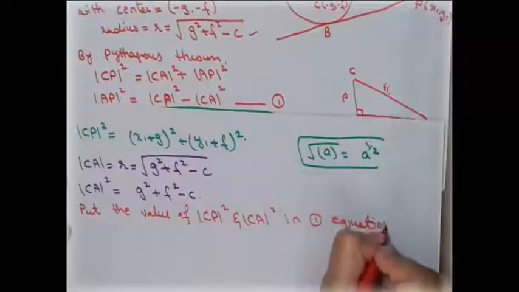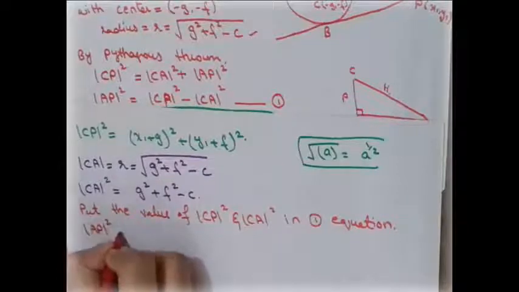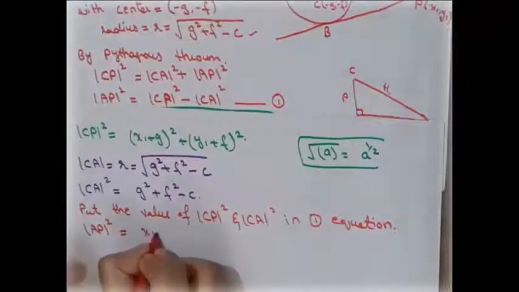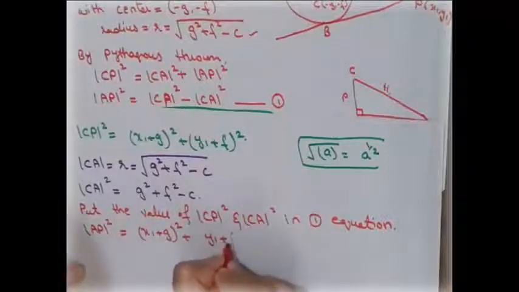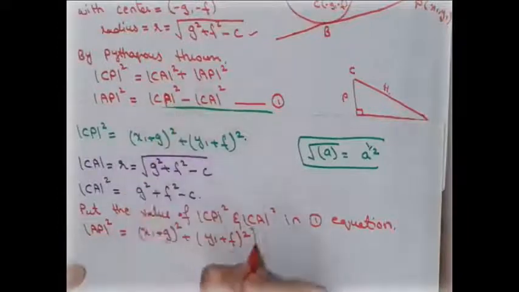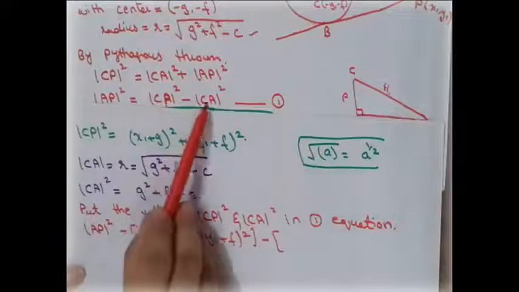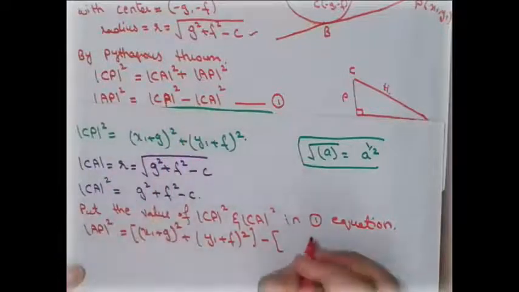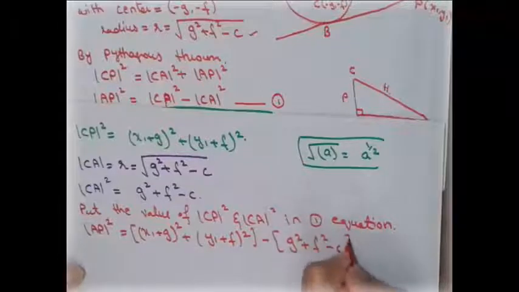So we find the length of this tangent. AP squared is equal to (x1 plus g) squared plus (y1 plus f) squared. Then the sign is minus, and the value of CA squared, which is this, g squared plus f squared minus c.